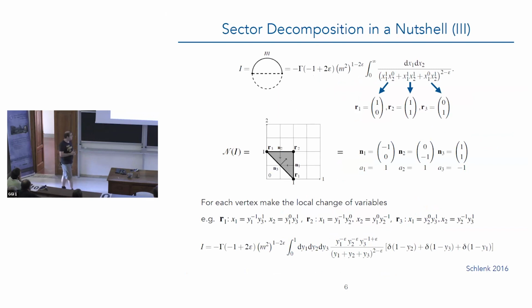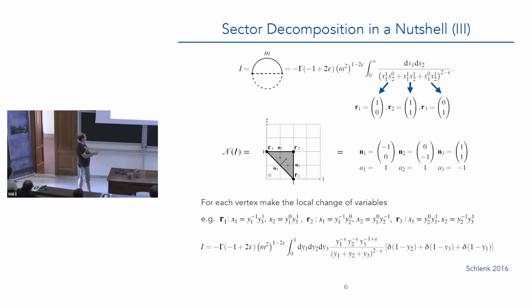I think an example probably makes this much clearer than anything I just said. You have an integral. It has some polynomial. You can read off the powers of these monomials, and they each define a point in the space. So here, just 1, 0, 1, 1, 0, 1, points in the space. Your Newton polytope is the convex hull of these points, R1, 2, and 3. It can also be defined by just these normal vectors here, the intersection of half spaces.